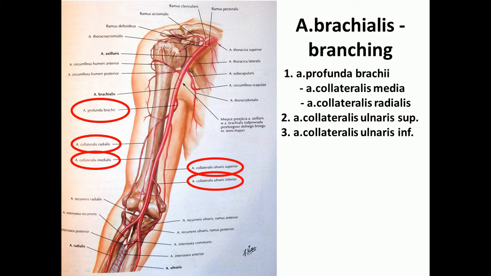So the distance between the origins of arteria collateralis ulnaris superior and inferior is at least 10 centimeters, and sometimes more, 15 if a person is quite tall.